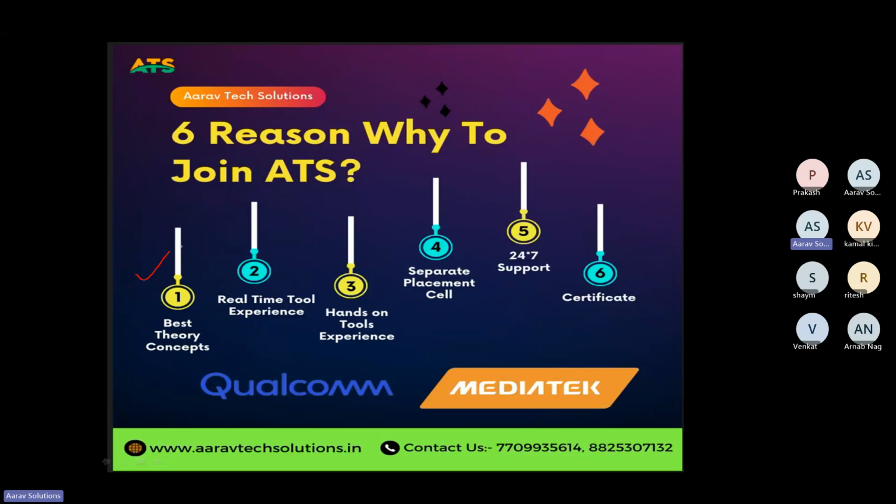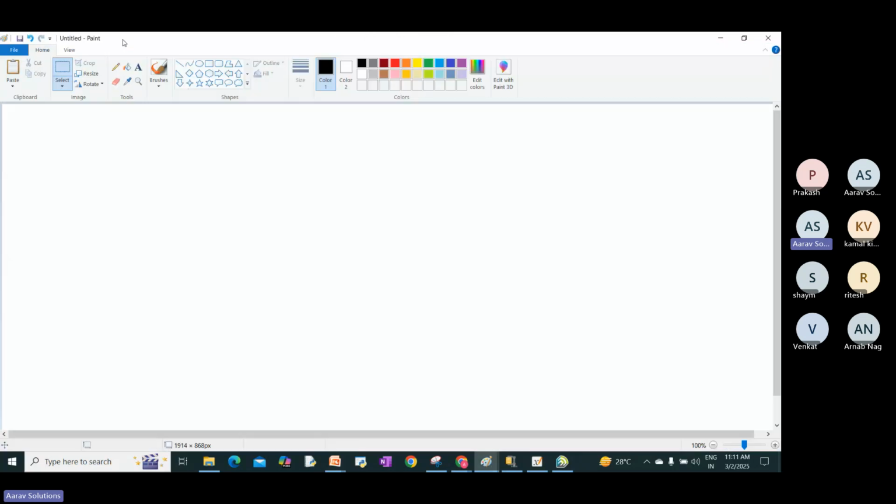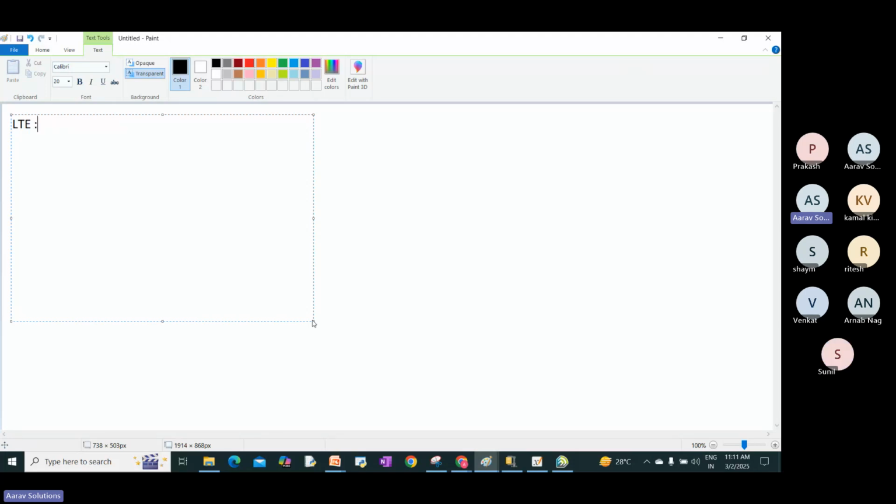For example, LTE. Let me write it down. When I say theory concept, for example LTE, in LTE we have a number of scenarios or features.